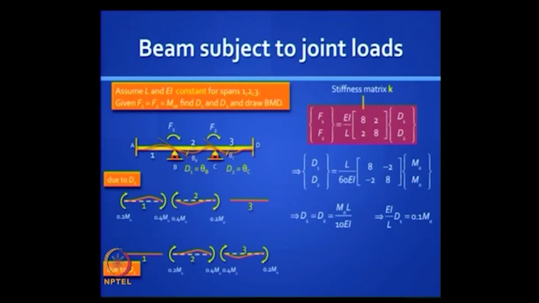And in that matrix multiplication you have to add up the contribution of both D1 and D2. So you can physically add it up. Can you construct the final bending moment diagram with these free bodies? What will be the moment at A? 0.2 M naught. Will it be sagging or hogging?